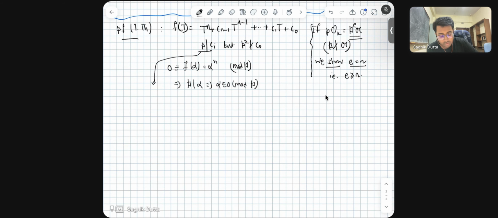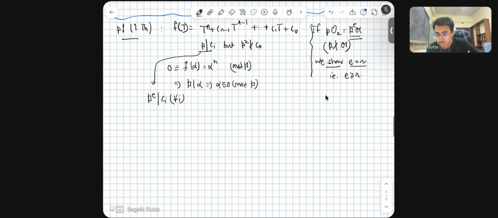When you view these things inside OK rather than the integers, you get that mathfrak P to the E divides Ci for all i.